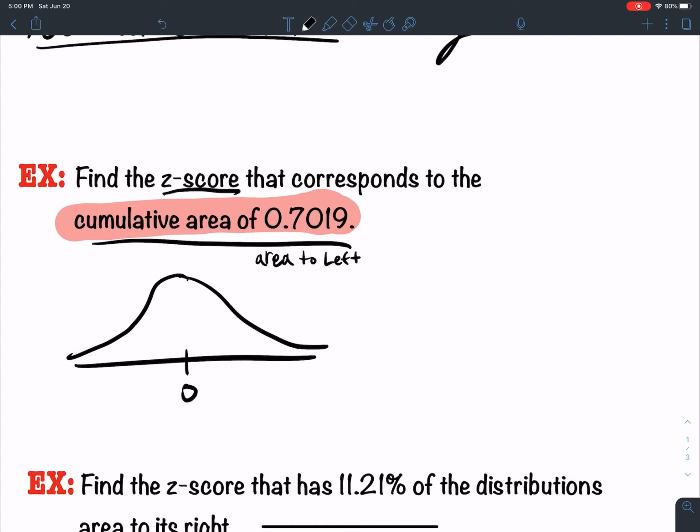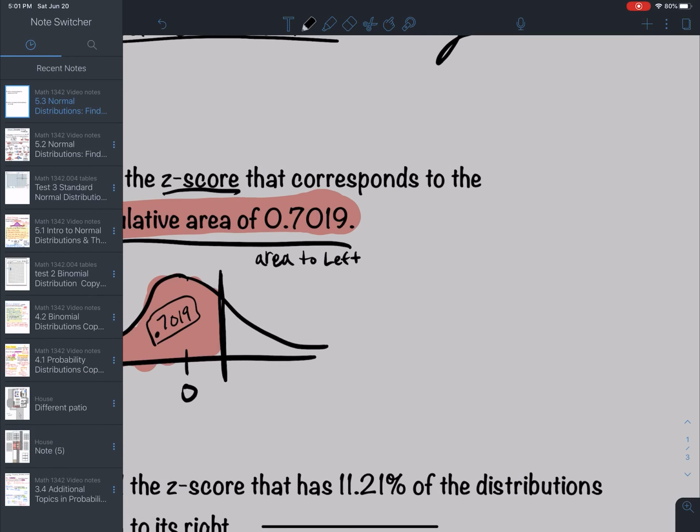If 70% is to the left, that means I'm on the right side, okay? I just don't know where. I just know that more than half of it is going to be shaded. Okay, so this is 0.7019. So now all I need to do is go look at my table and play Where's Waldo and find the 0.7019. So let's try that out.